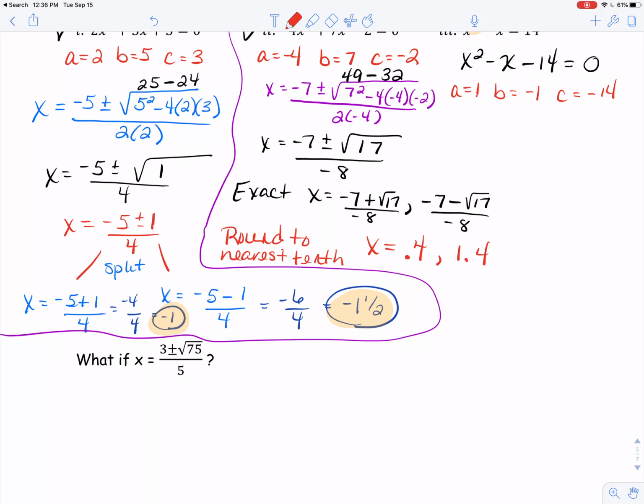So it's going to cross the x-axis at approximately 0.4 and 1.4. And those are rounded, so those are losing accuracy. Because they're rounded, they're not exact. If it asks you for exact, this is where you have to stop. That is without rounding. Okay, so there we go.